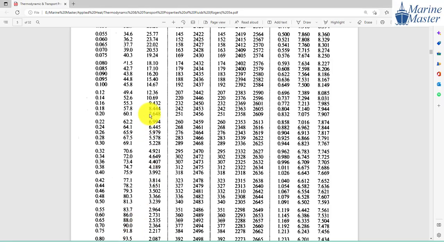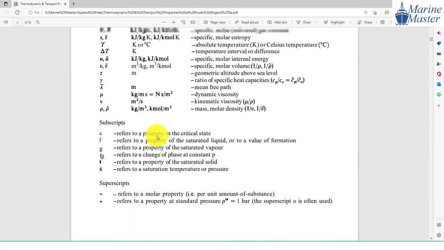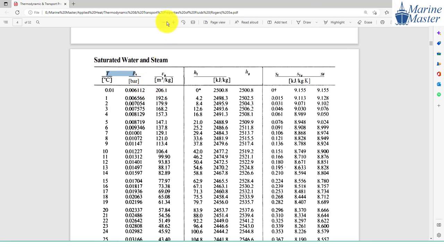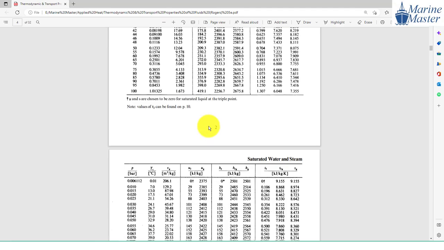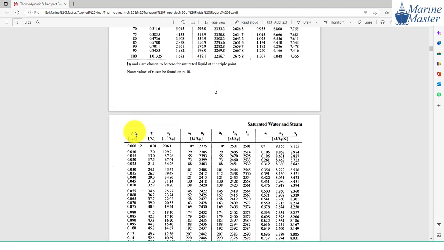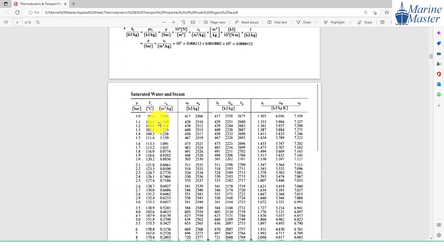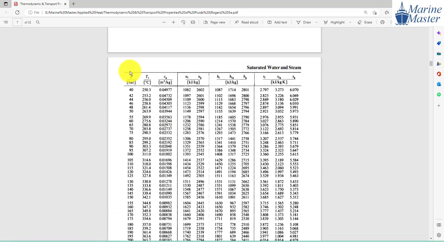Then the second table: pressure and saturation temperature. Third one, pressure and saturation temperature, and the fourth one as well.